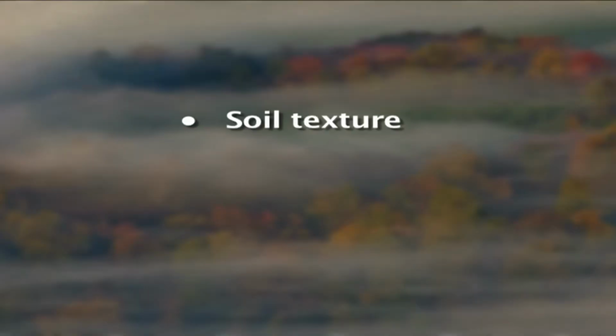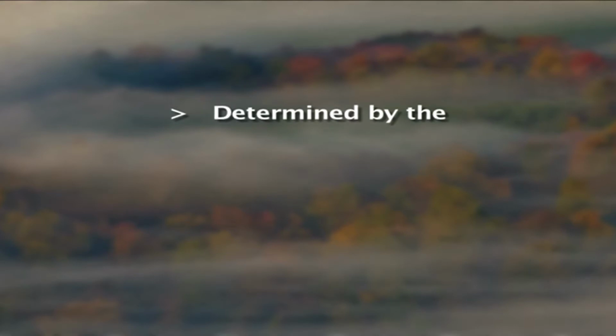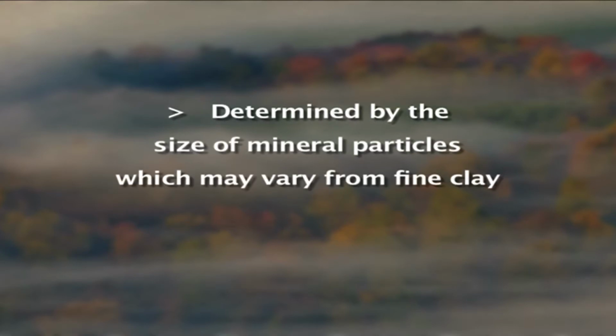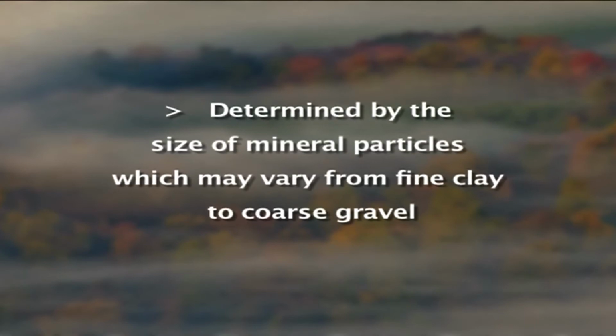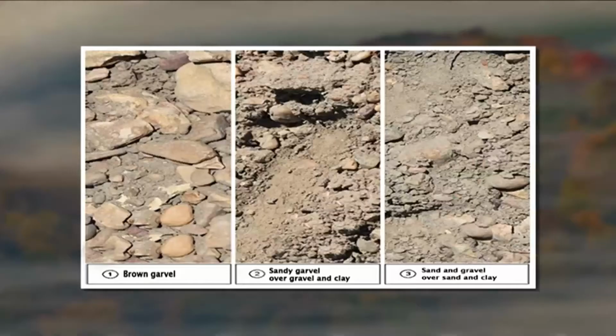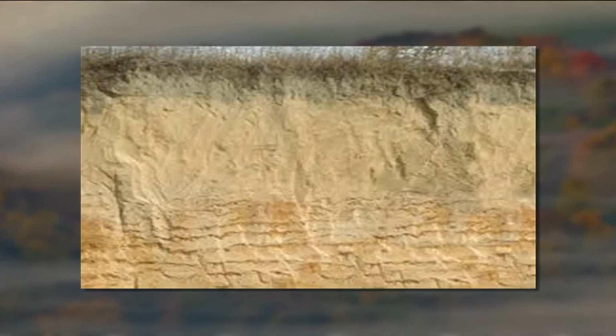The second edaphic factor is the soil texture. Soil texture is determined by the size of mineral particles, which may vary from fine clay to coarse gravel. The varying percentages of each size range produce soils with different characteristics supporting different vegetation.